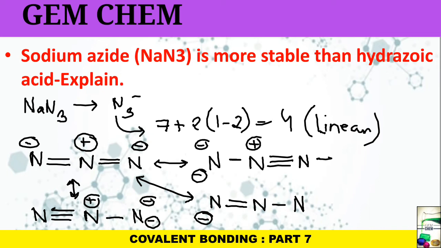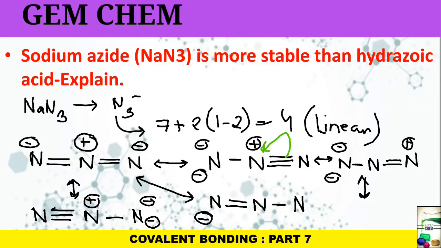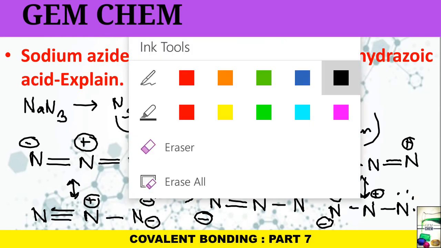Again, another structure from here which can be drawn is nitrogen with 2 lone pairs and N, here is nitrogen positive. That is, this bond has opened up towards this side. Similarly, another last structure which we can draw is nitrogen with 2 minus and then nitrogen positive, and here is nitrogen. So here we have lone pairs.